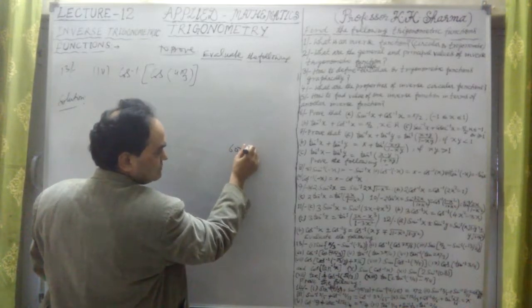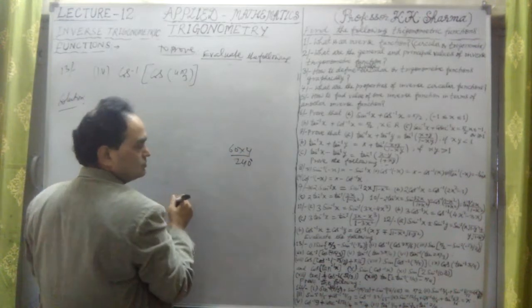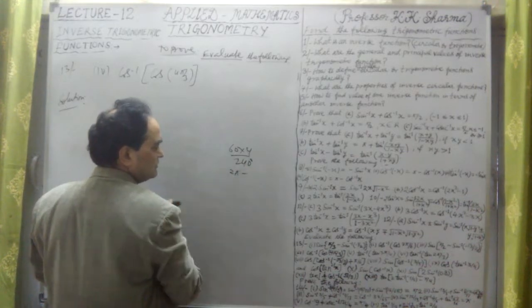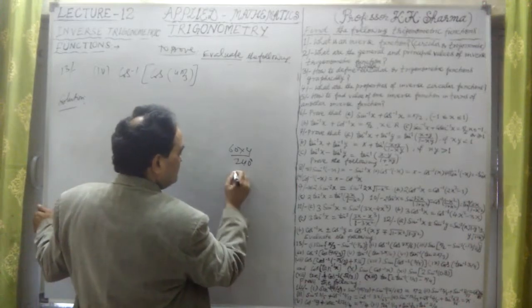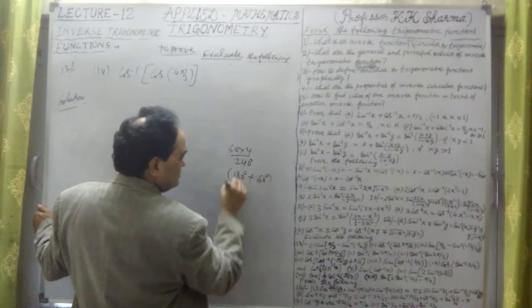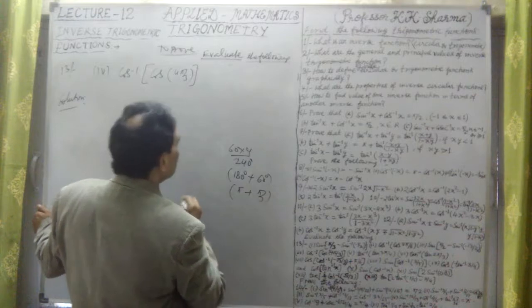No, pi by 3, 60 into 4, sorry, it is 240 degree. We can write 180 degree plus 60 degree. That's the point. That means pi plus pi by 3. We can write like this.